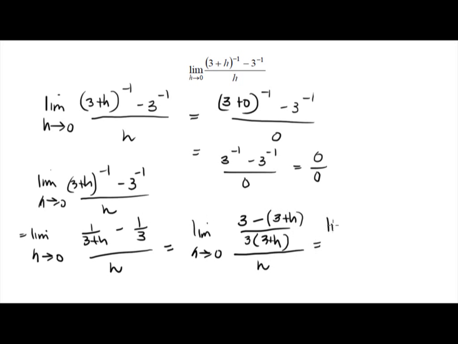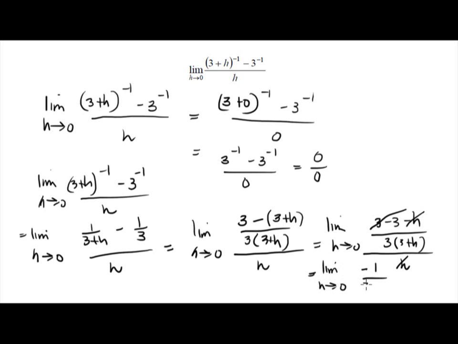And then further simplify the expression. You have 3 minus h over 3 times 3 plus h, everything over h. So 3 minus 3 is 0, negative h over h, so this will become negative 1. So this is limit as h approaches 0 of negative 1 over 3 times 3 plus h.